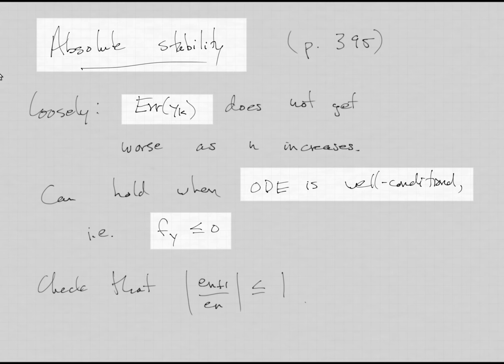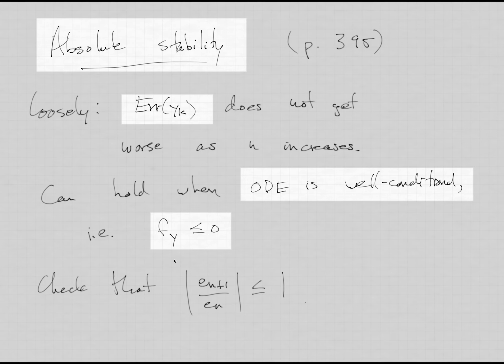So this isn't actually a hopeless condition. Absolute stability, as strong as it sounds, can be satisfied when the ODE is well conditioned. So you can have a self-correcting ODE, where if an error develops, because of this condition that f sub y is less than or equal to 0, the error may actually get smaller in the future.